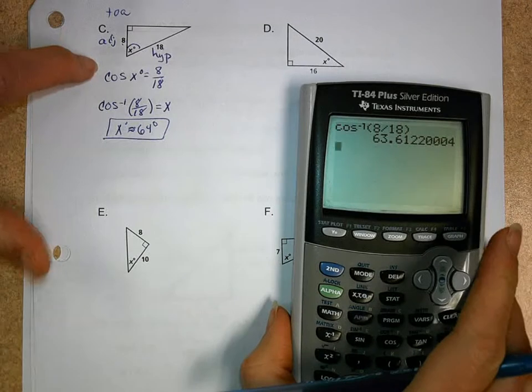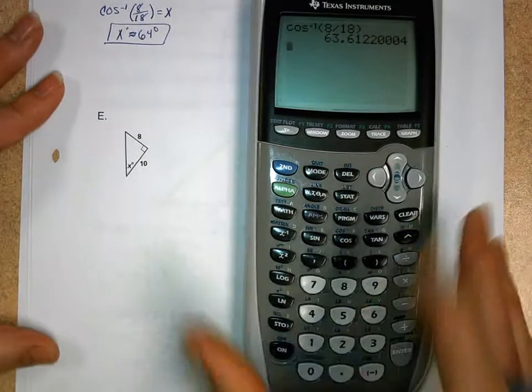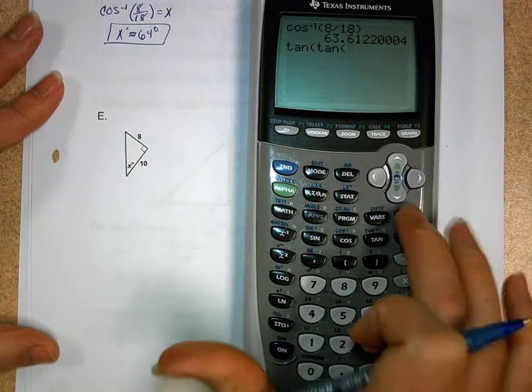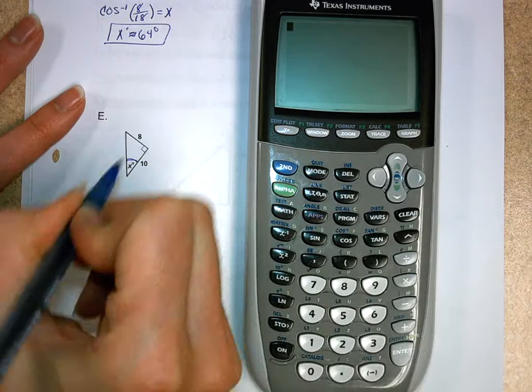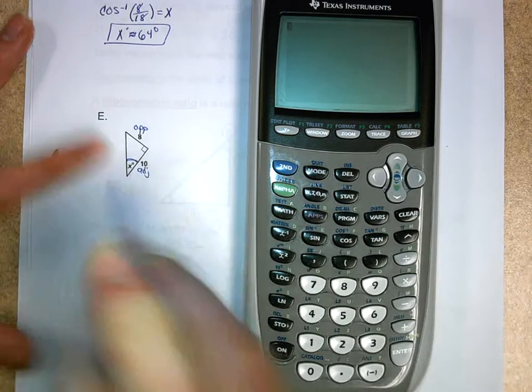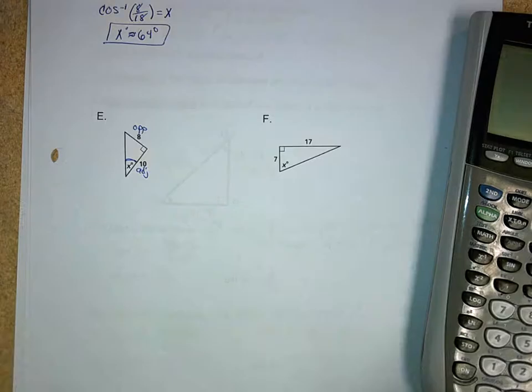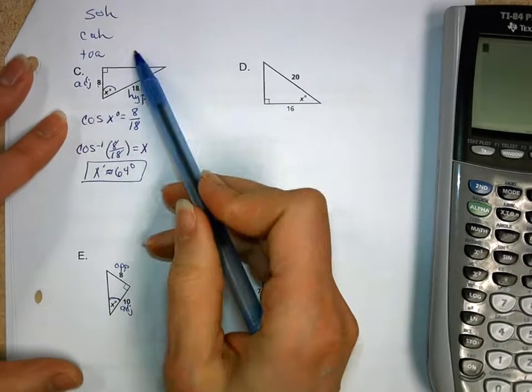So that's using cosine. Now let me do the same type of example of working with tangent here, okay? Notice this is our angle. I still look at the angle and I realize that's the opposite leg and this is the adjacent leg. Not using the hypotenuse, so that threw out your other two options. So looking at this, which one, sine, cosine, or tangent?